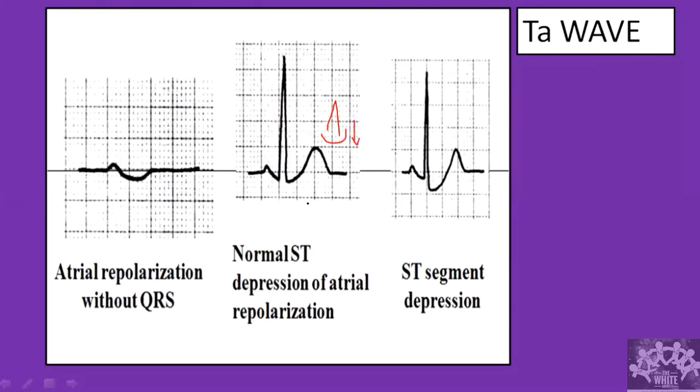So if by chance the atrial repolarization wave is in this direction, the QRS can be a little elevated from the baseline. So this can give us an appearance like the QRS is a little elevated.